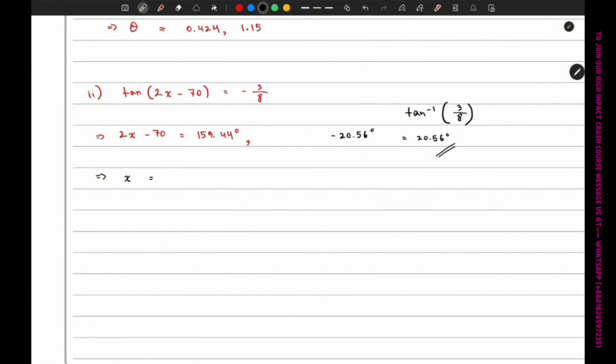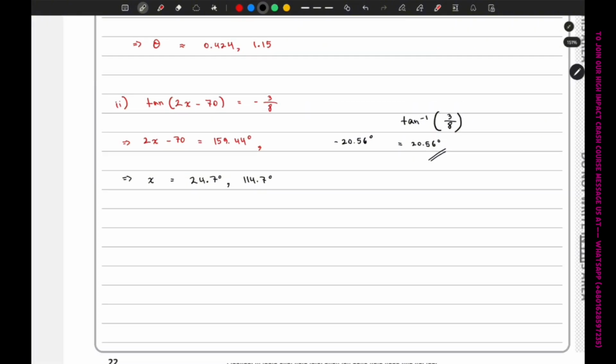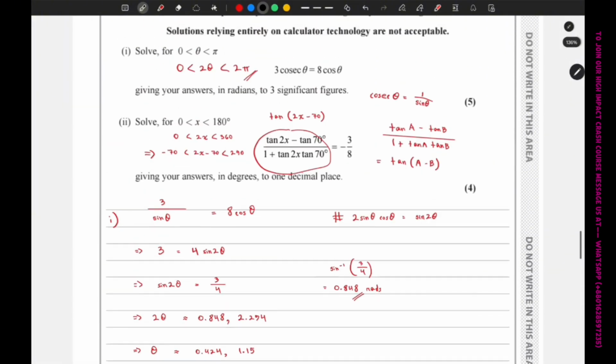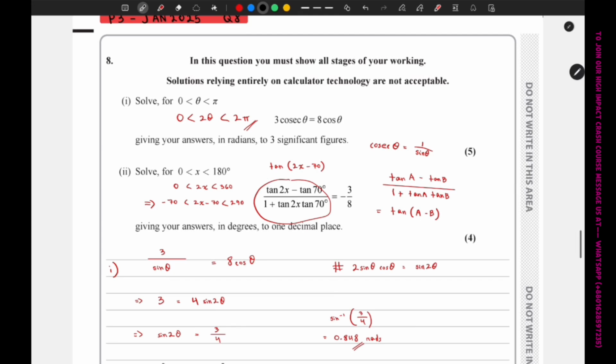So one of the solutions will be 24.7 degrees, and the other solution is 114.7 degrees. So that is the answer for this question, and I'll see you in the next question.